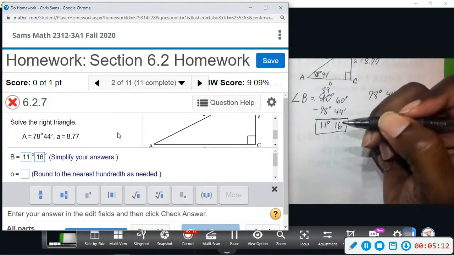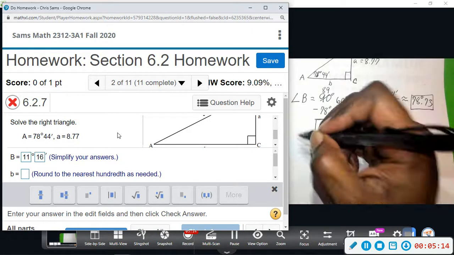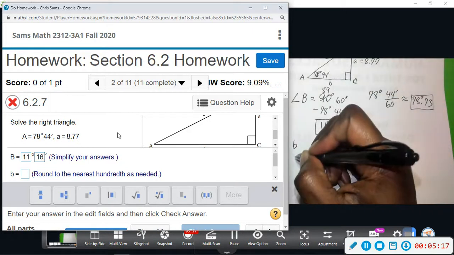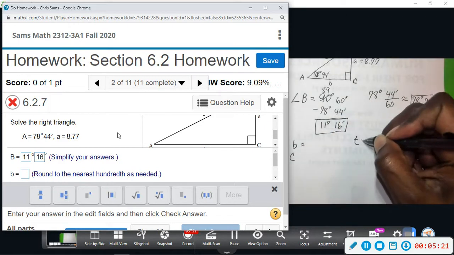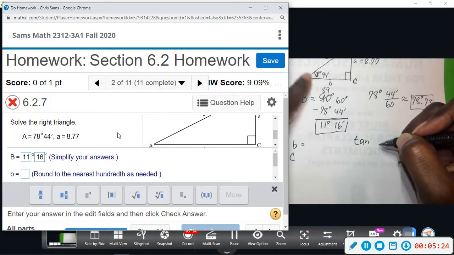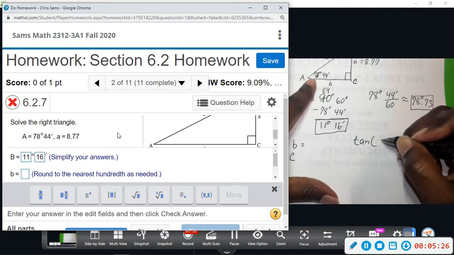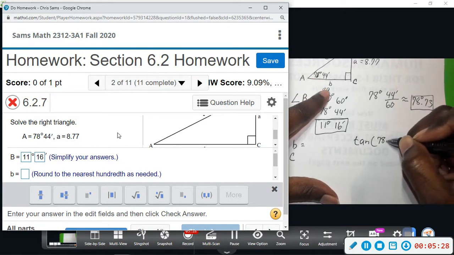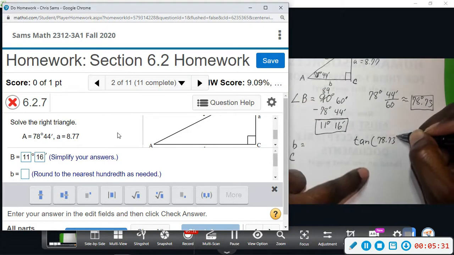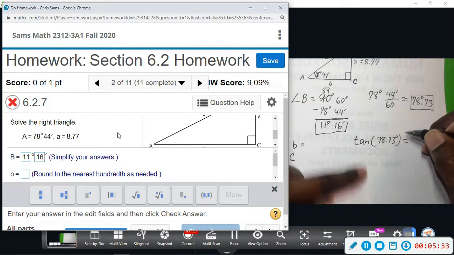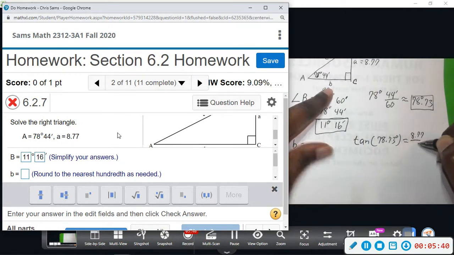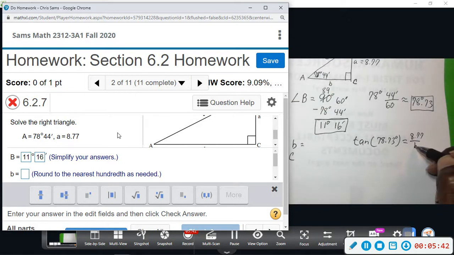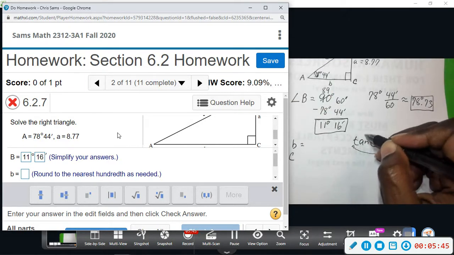So this is going to give us side B. Find side B, and then we've got to find side C. So tangent of this angle, when we convert it, 78.73, is equal to opposite 8.77 over adjacent B.